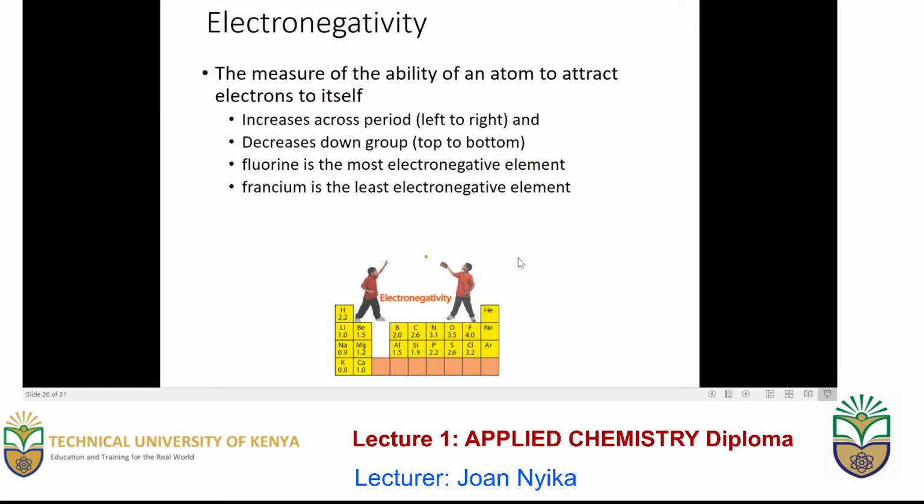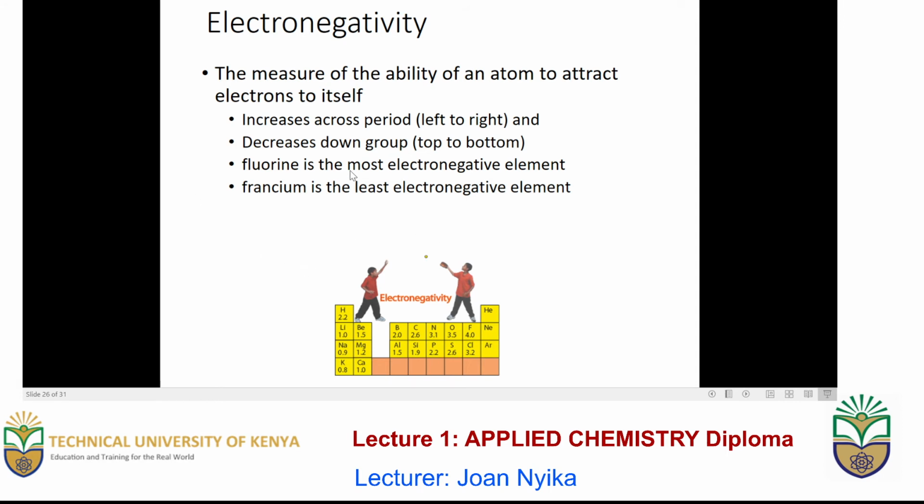How does it behave within the periodic table? In a periodic table, electronegativity increases across periods, that is, from left to right, from group 1 to group 18. It also decreases down the group, that is, from top to bottom.